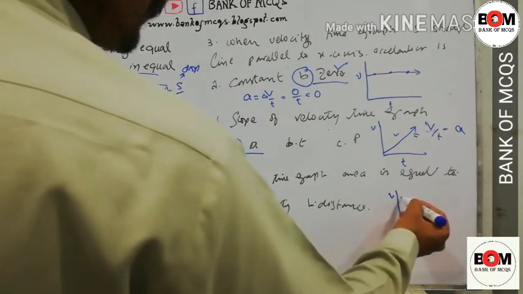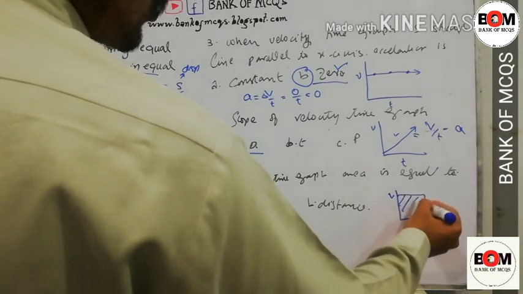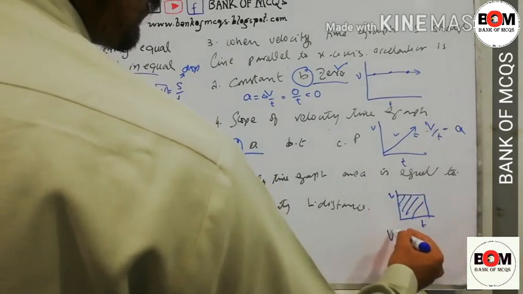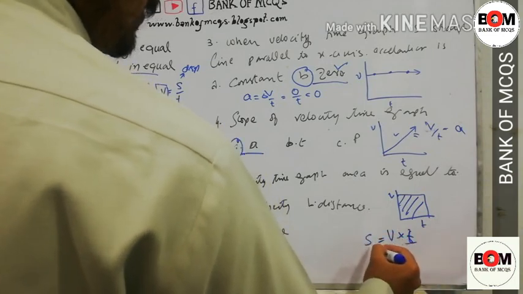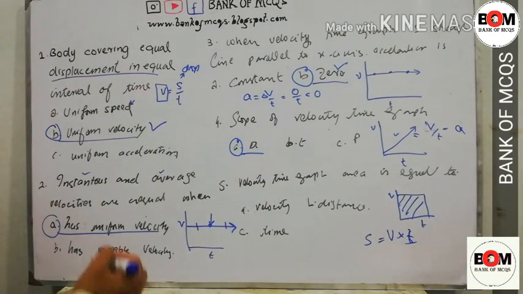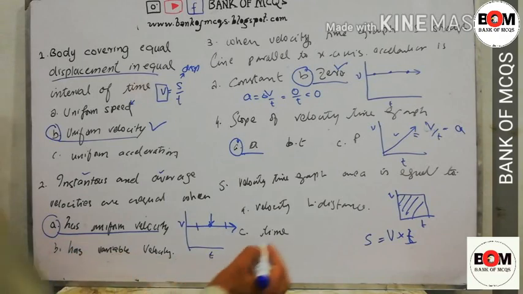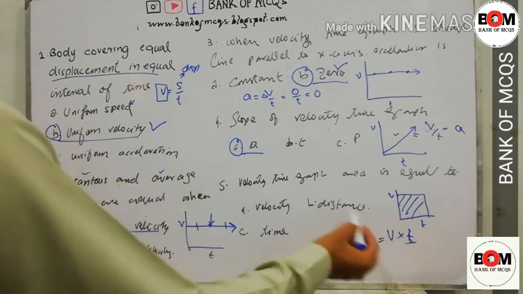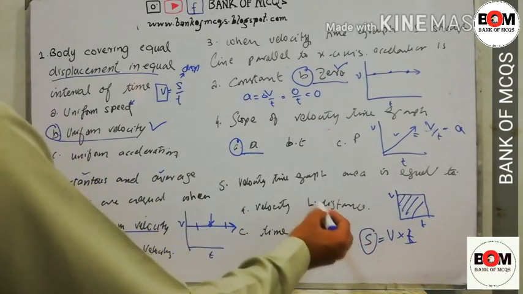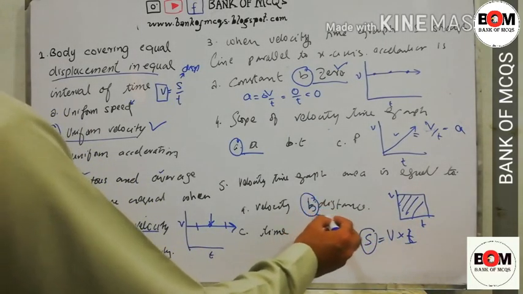We know that v is equal to s divided by t, so s is equal to v multiplied by t. So the area of the vt graph gives us distance. So option B is correct, this is distance.